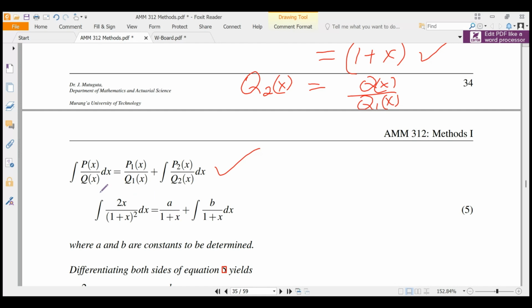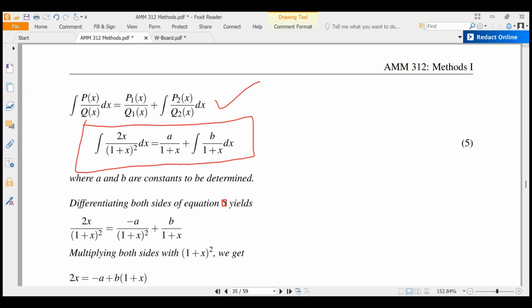The common approach here will be to eliminate the integrals. How do we remove the integrals from this expression? We can remove the integrals by differentiating both sides with respect to x.